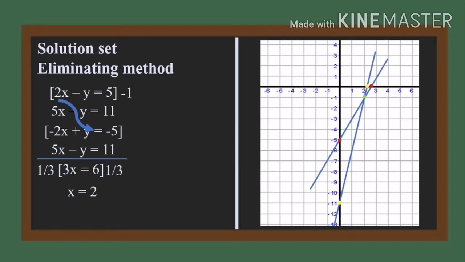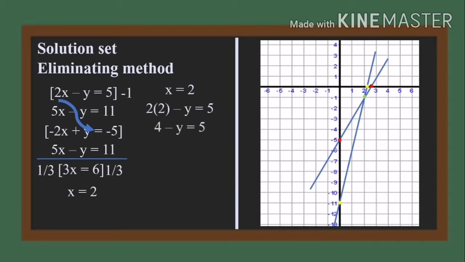To get the value of y, pick one equation among the two and let x is equal to 2. So let's take the first equation, 2x minus y is equal to 5. Substitute the value of x. 2 times 2 minus y is equal to 5. We will get 4 minus y is equal to 5.